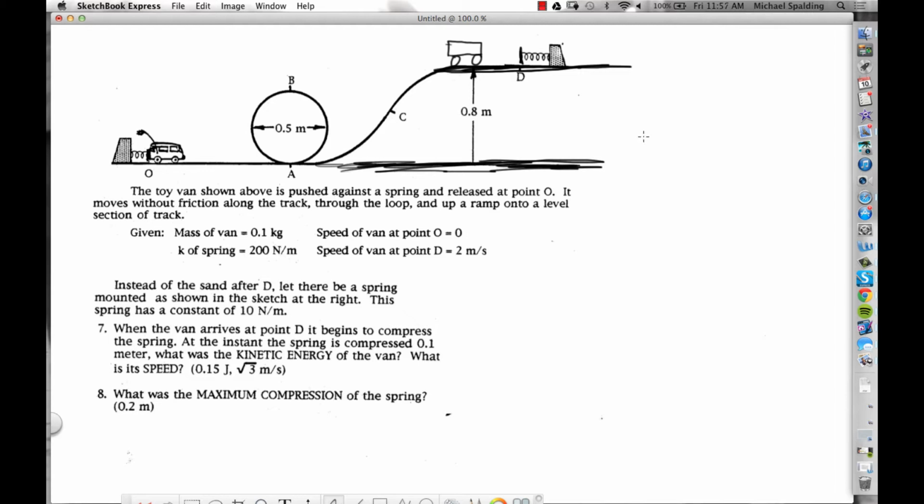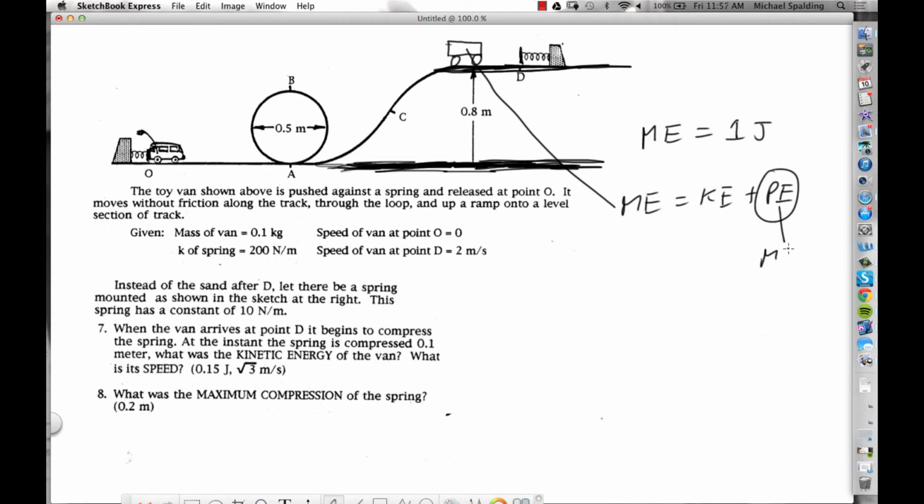Yeah, well look, what's the mechanical energy at every single point on this problem? 1 joule. The mechanical energy was 1 joule. So when the 0 point was down here, the van up here, the mechanical energy was equal to kinetic plus potential. Potential energy is mgh.